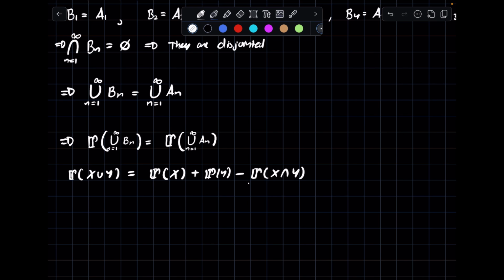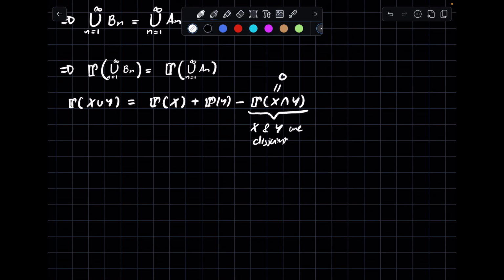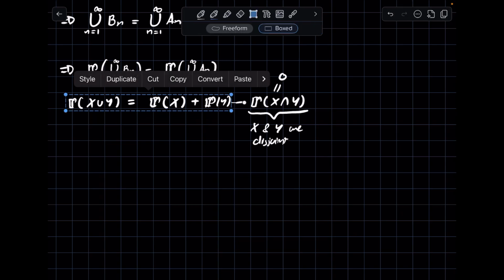Now, if x and y are disjoint, then this section is equal to 0, meaning that we will just have this.